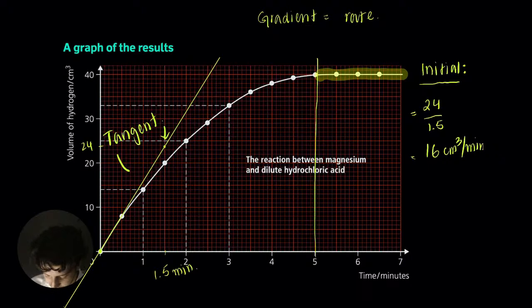So if they ask you to calculate the rate at 3 minutes, what you have to do is make a tangent at 3 minutes. Use a scale, right? And then pick the best points you can and find out the gradient. And when you do that, you'll get the rate at that point in time. Yes?